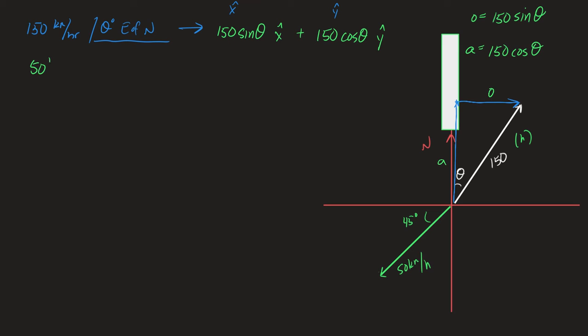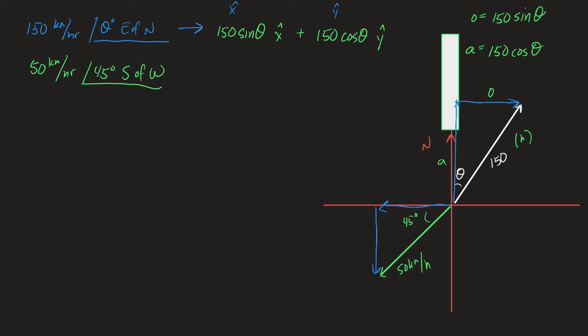50 kilometers an hour is the wind. 45 degrees south of west. I'm going to wrap a triangle around the wind vector. Now, I've been doing these on separate diagrams.